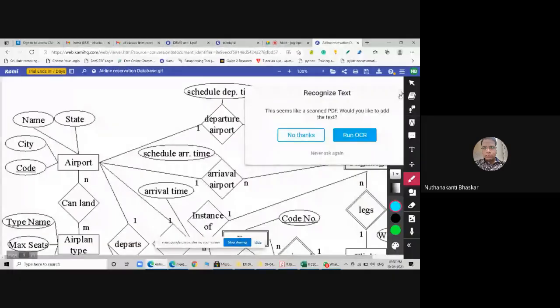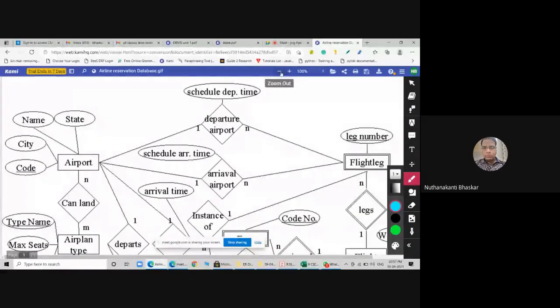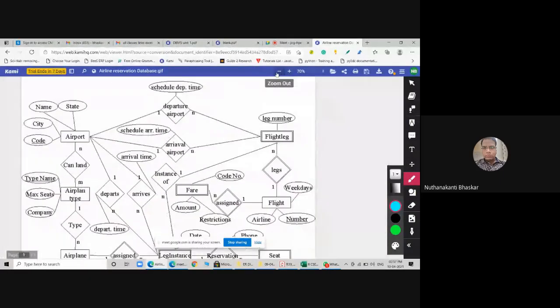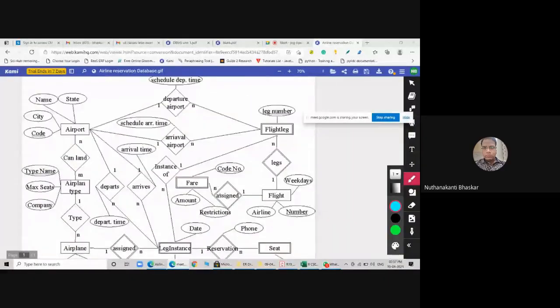Airline reservation. One minute. I am sharing my screen. Is it visible now? Is it visible? Yes, sir.